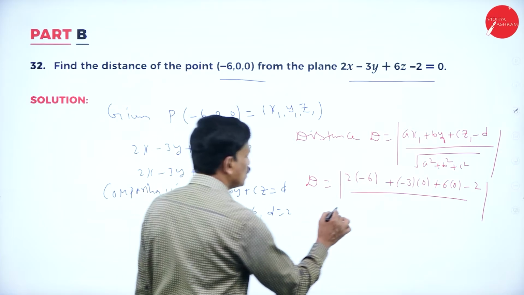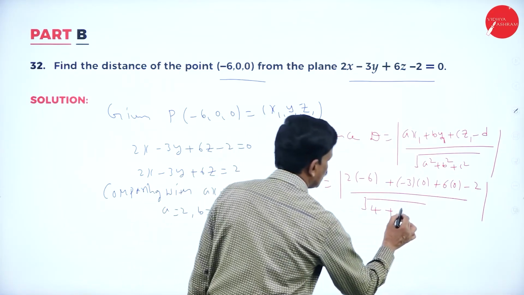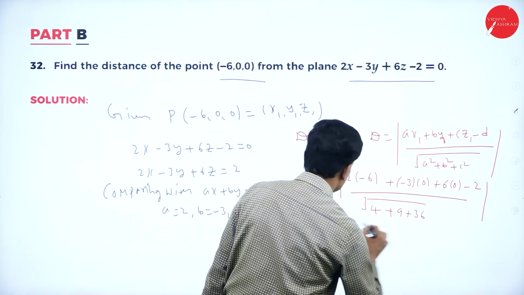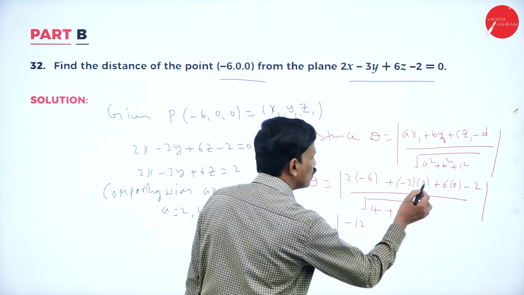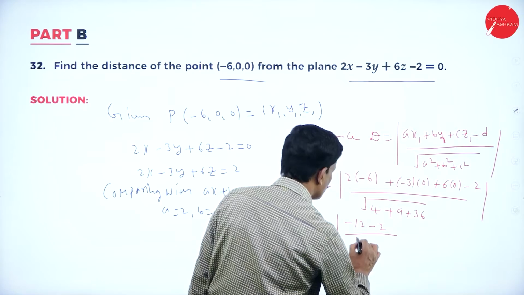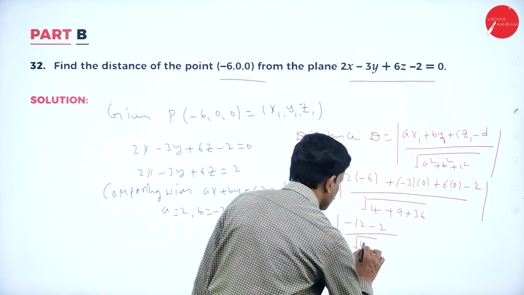Square root of a square, 2 square is 4, plus 3 square is 9, minus into minus, plus 6 square is 36. So therefore the distance d is equal to minus 12 minus 0 minus 2 divided by root of 36 plus 4 is 40 plus 9 is 49.